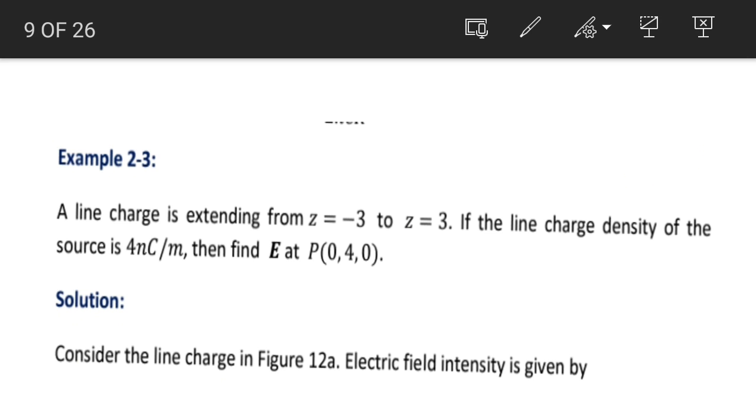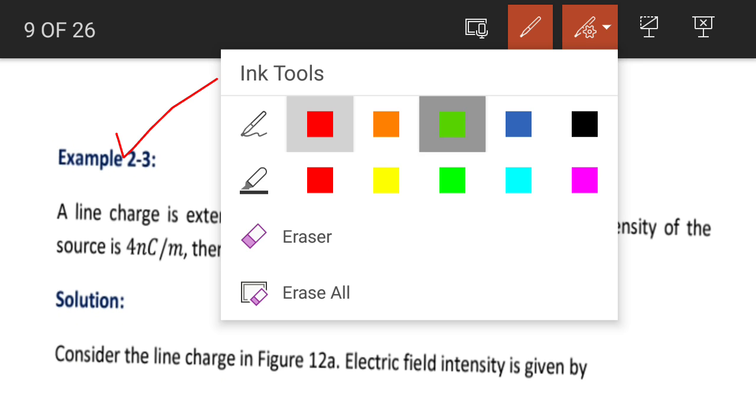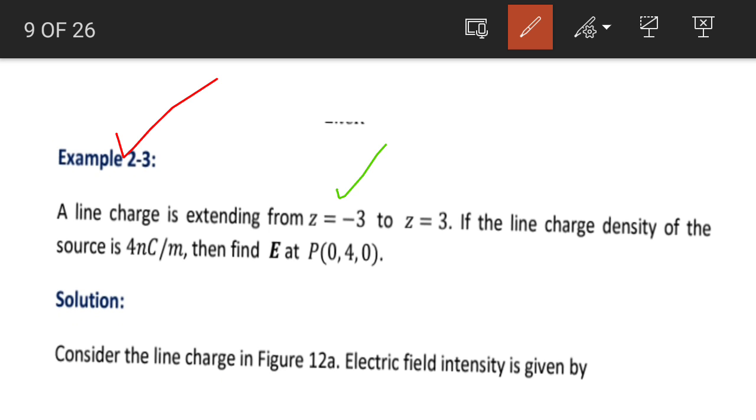Let us consider example number 3. In example number 3, we have a line charge which is extending from z equal to minus 3 to z equal to 3. So it means that the line is located on the z axis. The total length of the line is 6 meter.